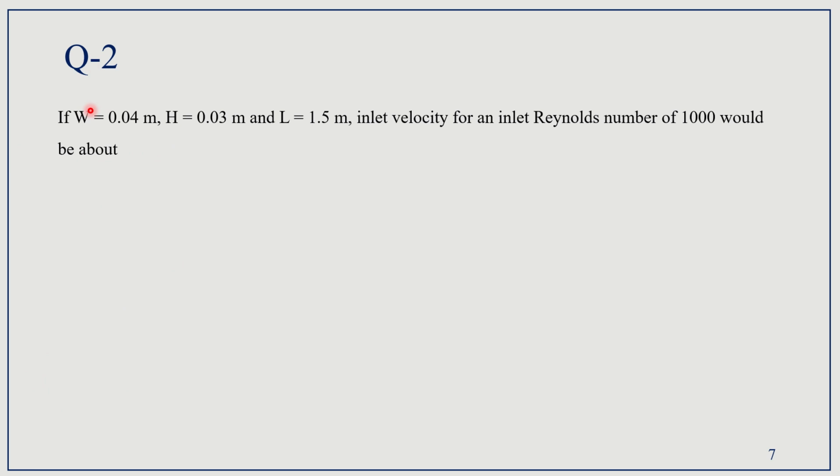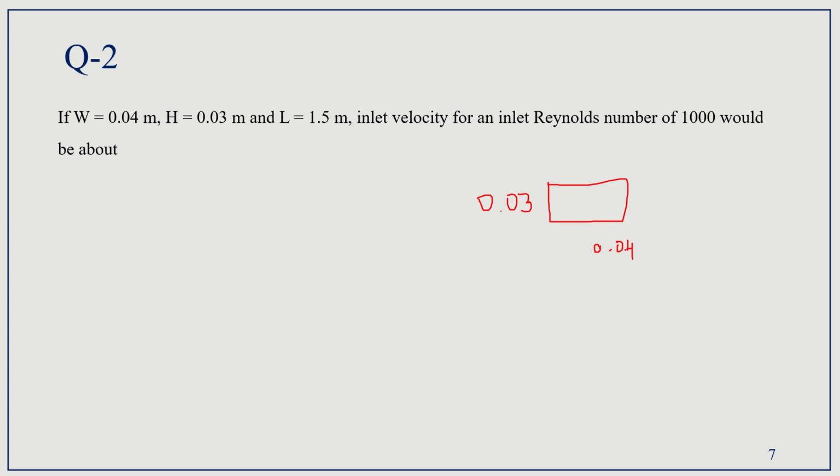So we'll see how it is. In question 2, let us first write the given conditions. W is given as 0.04 meter, H is 0.03 meter, length is 1.5 meter. So this rectangular cross section has 0.03 meter height and width of 0.04 meter.